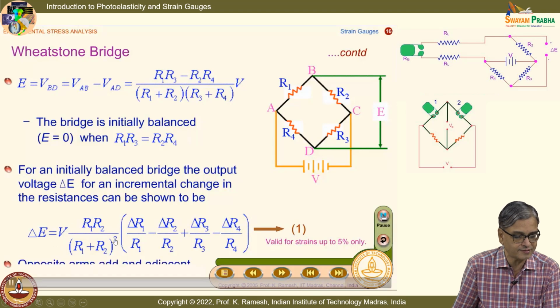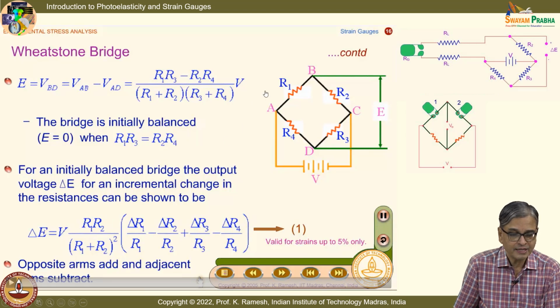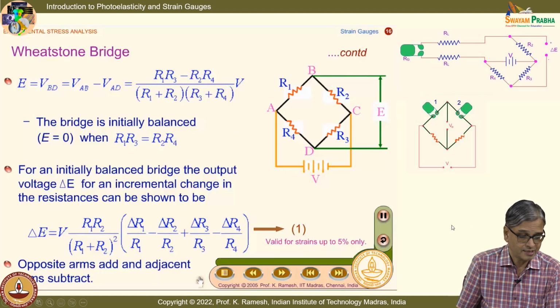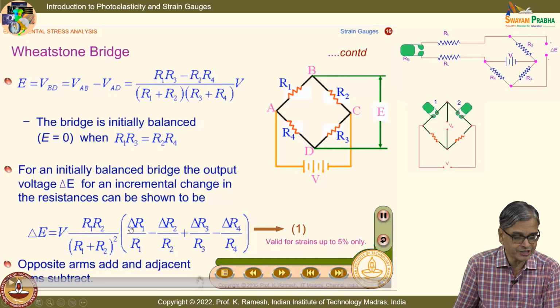This is more or less a constant for a configuration if I have selected the voltage. I have labeled this in the clockwise direction R1, R2, R3, R4. Even this is very important. And when I look at this expression, I get this as delta R1 by R1 minus delta R2 by R2 plus delta R3 by R3 minus delta R4 by R4.